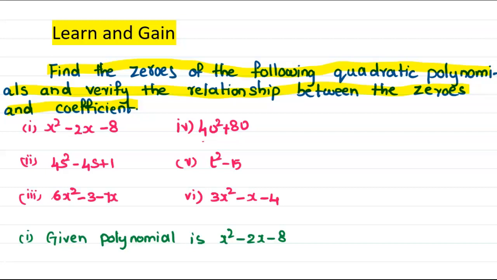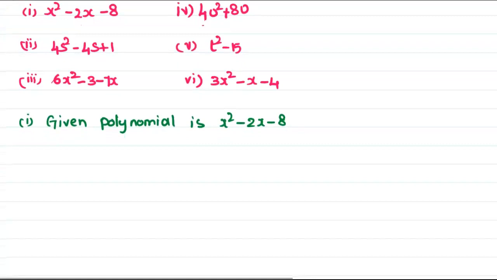For this polynomial we have to write it as x square, and minus 2x we write as minus 4x plus 2x, minus 8. So let's see here, minus 4x plus 2x, after adding these two values we will get again minus 2x.